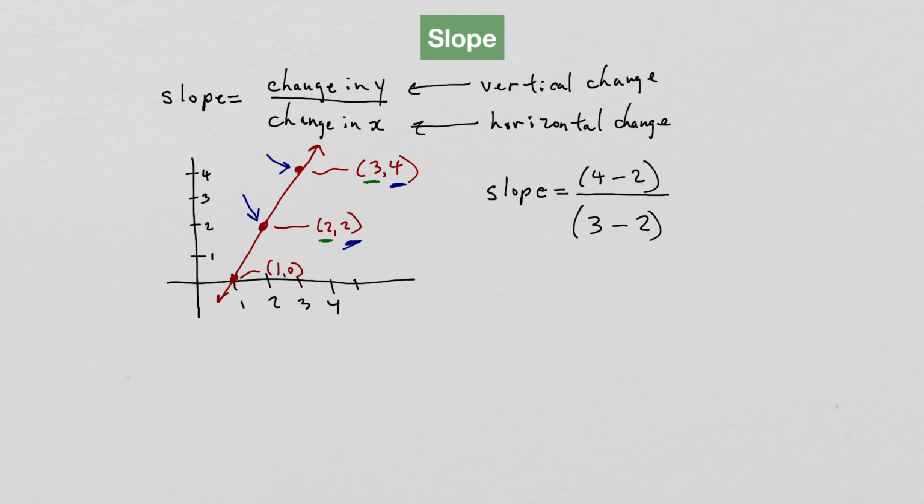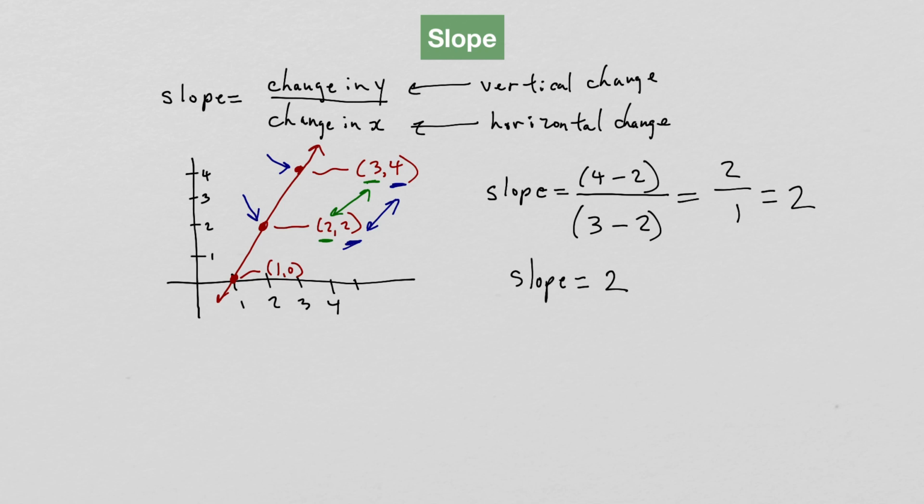So we took the difference between this divided by the difference between that. Then we compute: 4 minus 2 is 2, 3 minus 2 is 1, and that comes out to 2. So our slope is equal to 2.